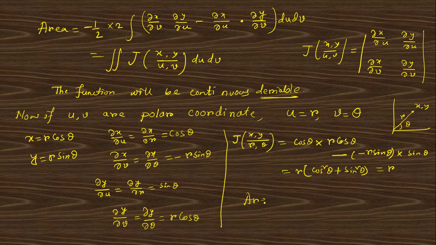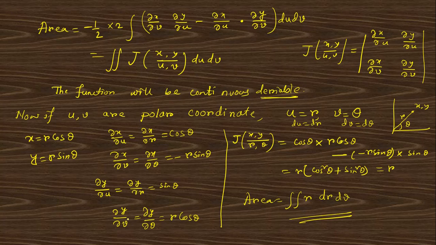So the area will be, the Jacobian is r, du will be dr, and dv will be d theta. So this is r dr d theta. This is the small area in the polar coordinate system. Clear? And this formula is used in the previous section.